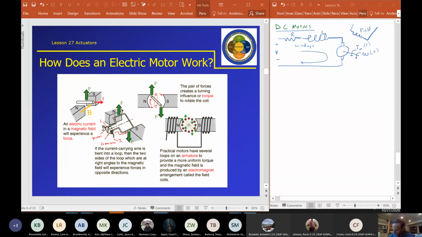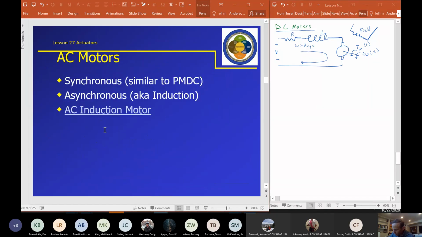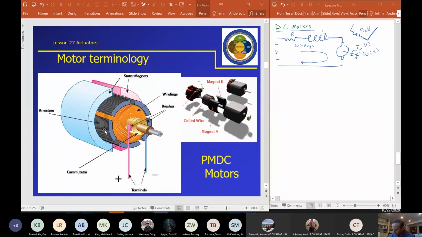Let's take a look at the next diagram, which is a little bit more detailed than the previous one. Here, hopefully it's more apparent that the commutator is not one solid piece. It's two halves.